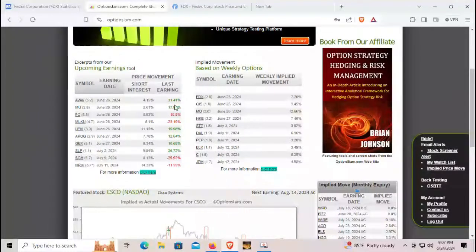This 31% movement probably pays like 4, 5, maybe 10 times the IV and the premium. So why am I going to waste my time and money on daily or weekly earnings of those stocks?